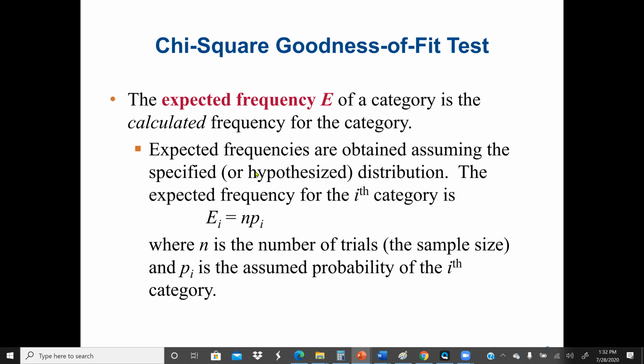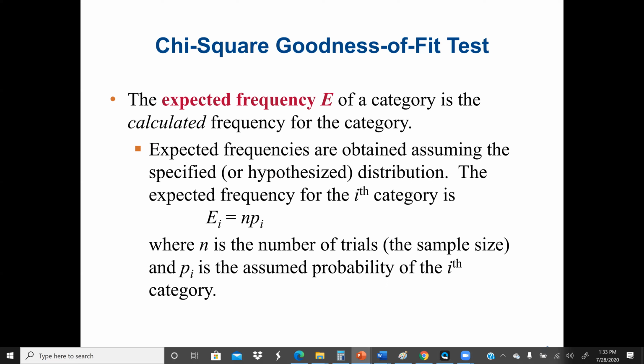Now, the expected frequency of a category is the calculated frequency for the category. We normally obtain it assuming the specified distribution, which is the hypothesized distribution. The expected frequency for the ith category is n times p_i. In this case, we have 6 categories for the music.